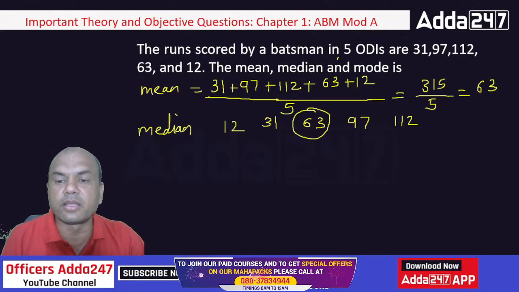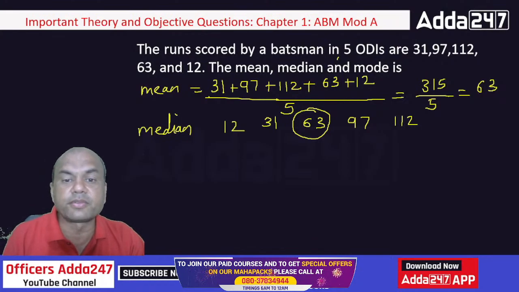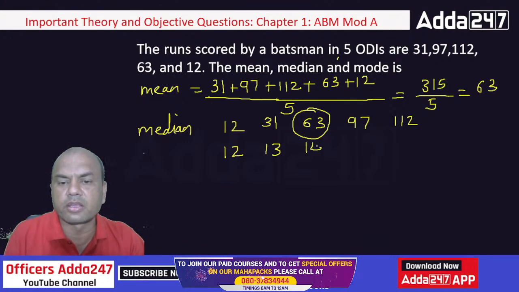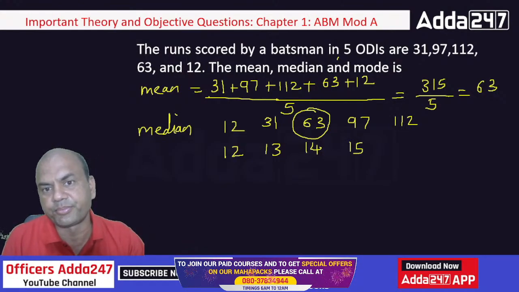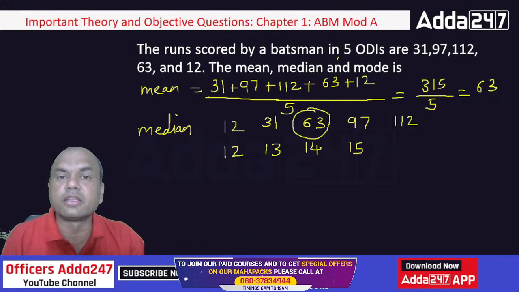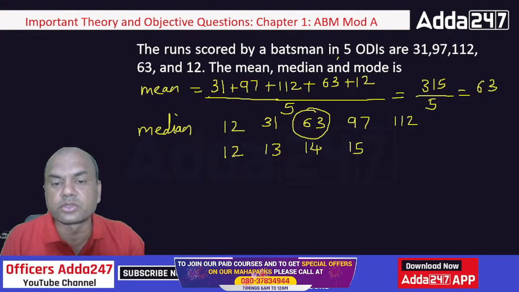Now you may have a doubt in this case. Suppose there are 5 numbers, then it is simple. Suppose there are 4 numbers, let me make it simple: 12, 13, 14 and 15. These were the 4 numbers. Now if the numbers are even, there is no central number.